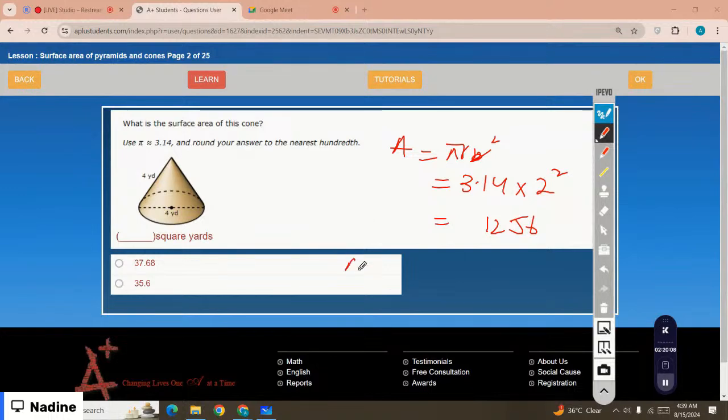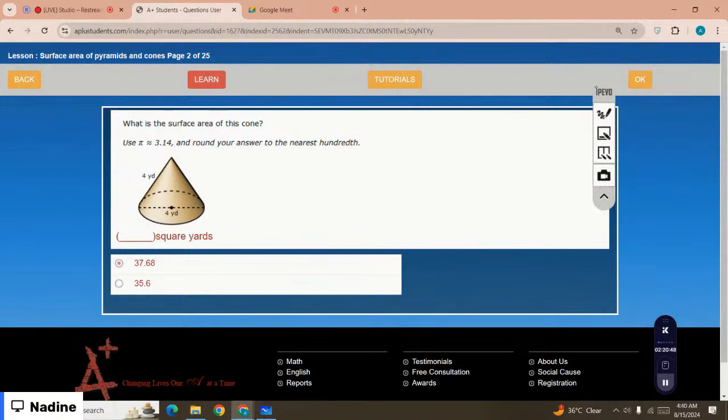Pi is 3.14 times r is 2 and s is 4, 3.14 times 2 times 4, that is 25.12. 25.12 plus 12.56, that is 37.68. So option number 1 is the correct option. Got it? 37.68 is the correct option.